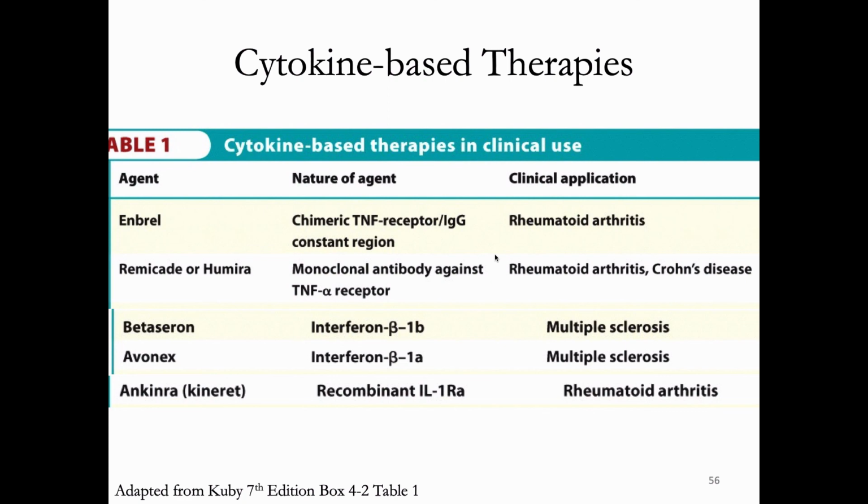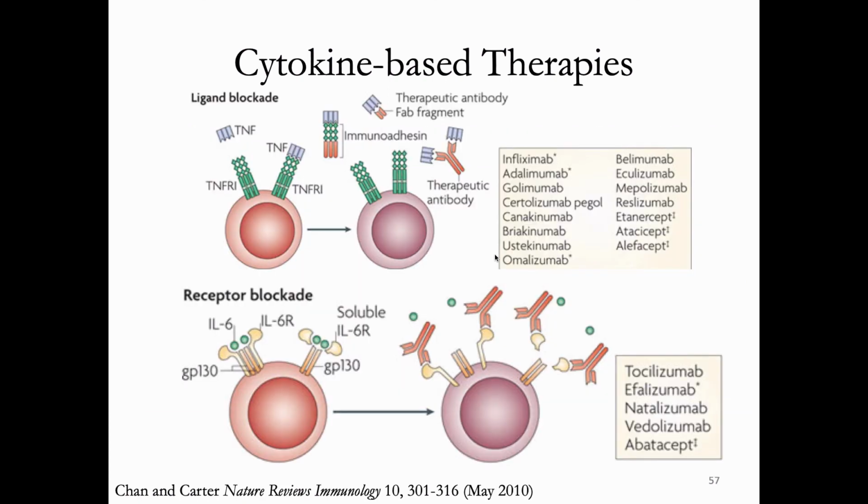And the idea with all of these is that normally TNF binds to the TNF receptor, but we can use some antibody. There are a few different ones that bind to TNF that basically neutralize the TNF so that there is no TNF to bind to the TNF receptor. And so this cell no longer gets its inflammatory signal.